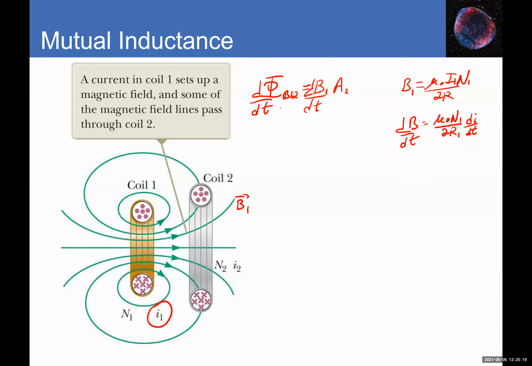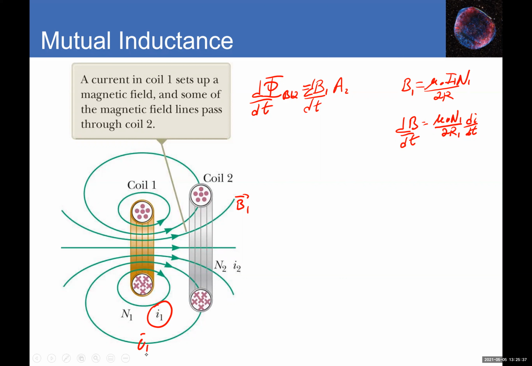Since there is a flux through coil two, and whenever you see a lowercase i, like this i1, it means it's a time varying current. It either increases or decreases, but it's changing with time.